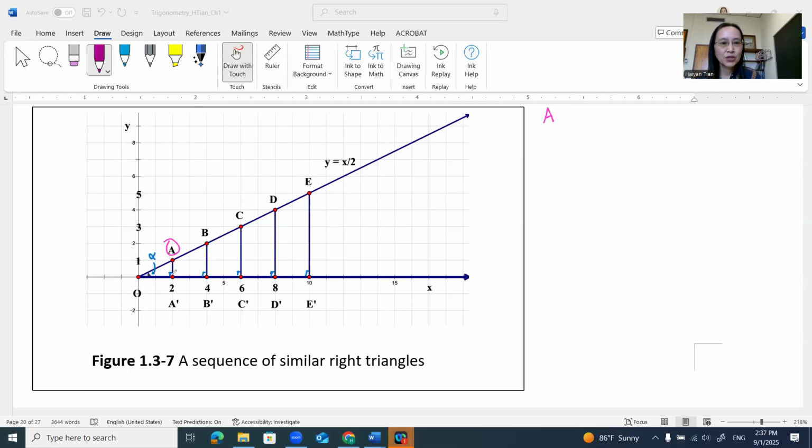So as we know, A has x coordinate 2, right? The y coordinate is half of x, which is 1.